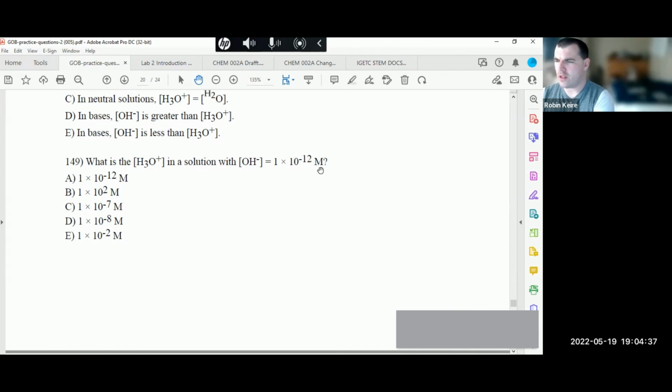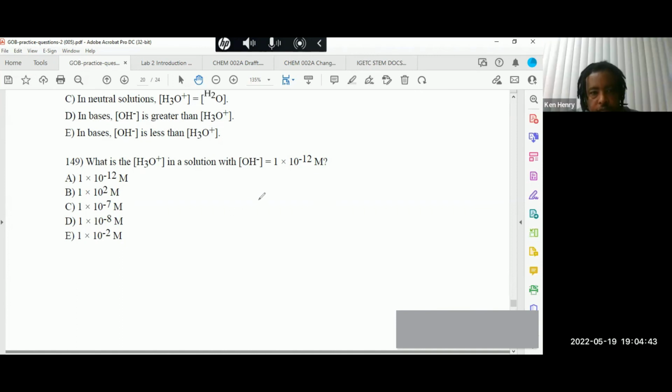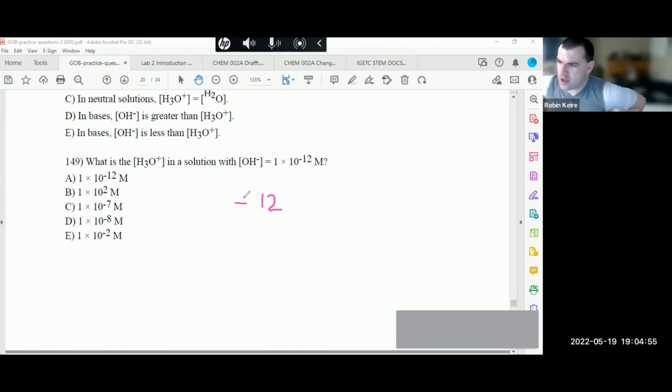So would you take the negative log, and then that would give you the pOH. So then we'd get 12, right? It will be 12, that's my pOH. And then pH plus pOH equals 14.